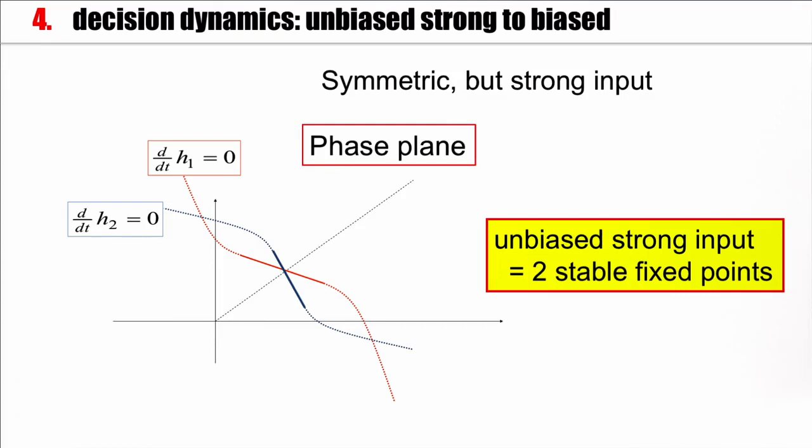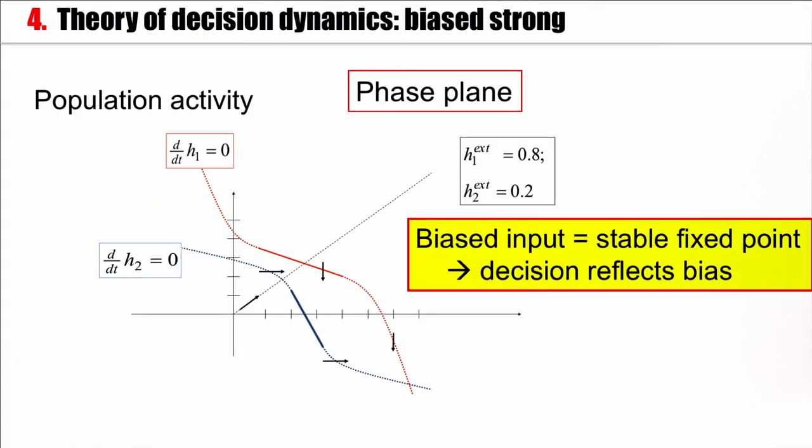Now if I give a strong input to both, it's like having many dots moving to the left and many dots moving to the right. Then two other fixed points emerge, these fixed points here, and these are stable fixed points, and the dynamics will move to one or the other of these fixed points. If only one input is strong, so I have only dots moving to the left, then only one solution is possible, and that's the one corresponding to where the population representing left movement is strongest.